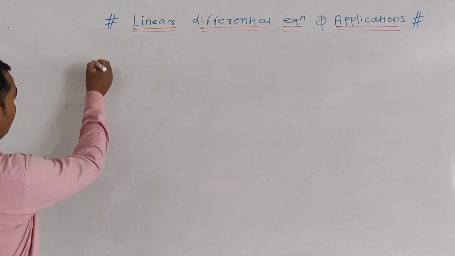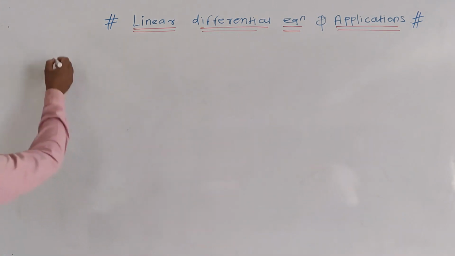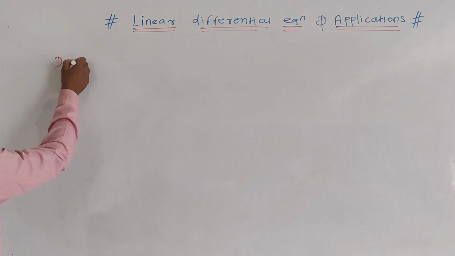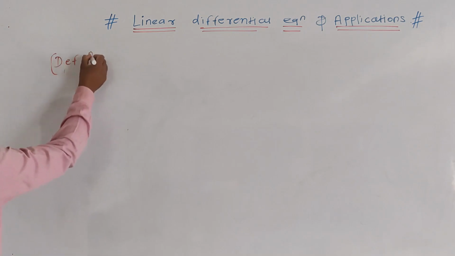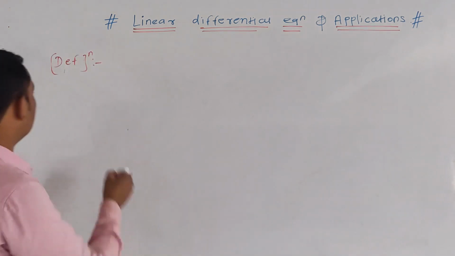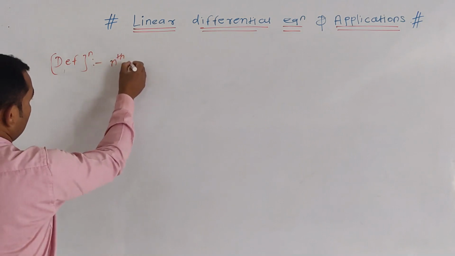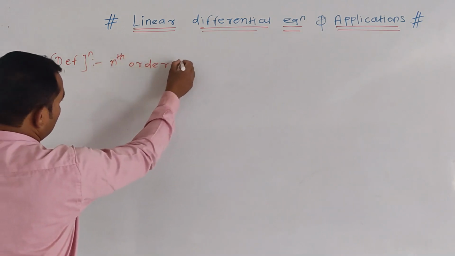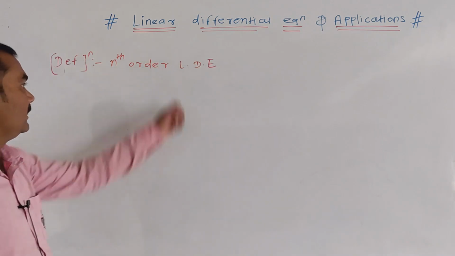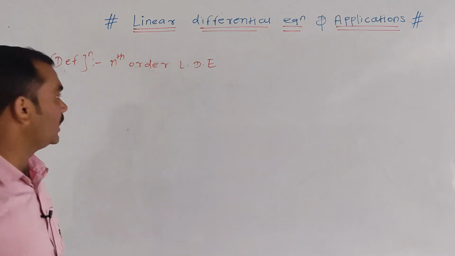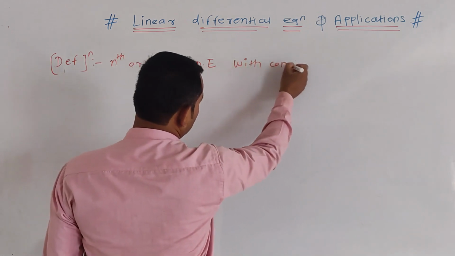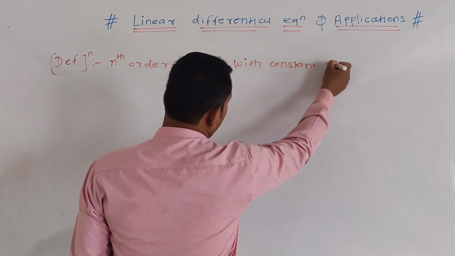Okay, so the first definition I will start directly: nth order linear differentiable equation with constant coefficient. Definition, nth order LDE, this is your first point, nth order LDE, that is linear differentiable equation with constant coefficient.